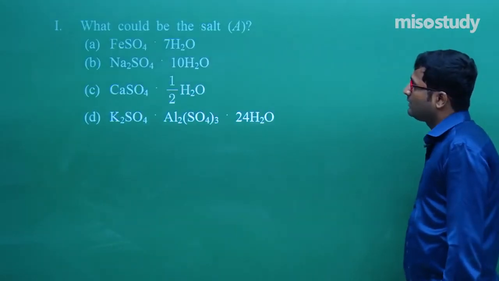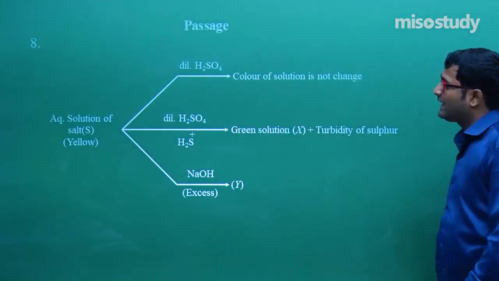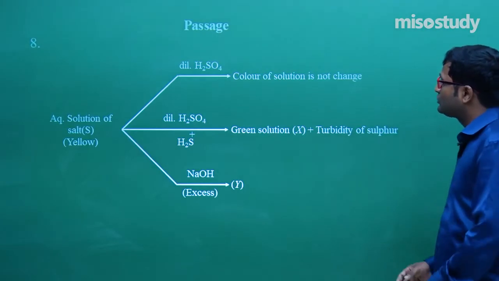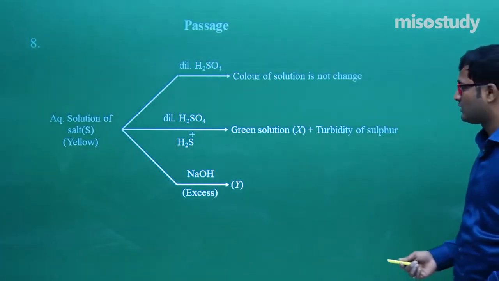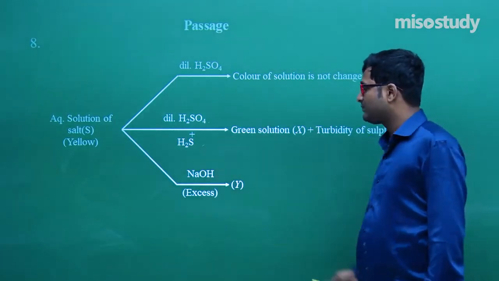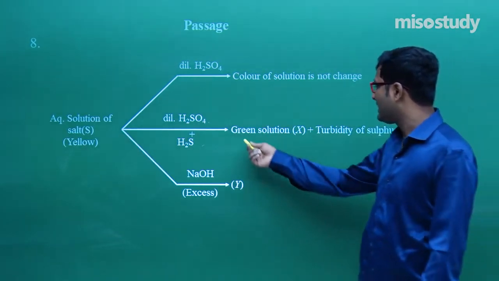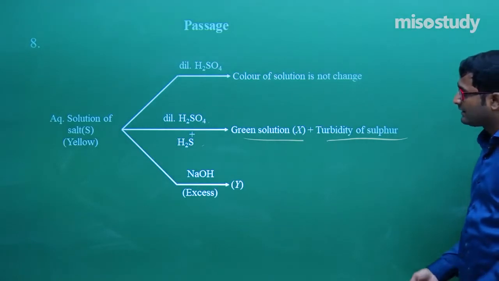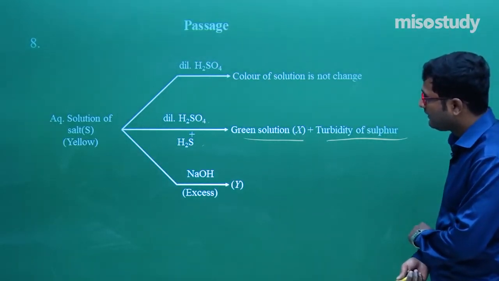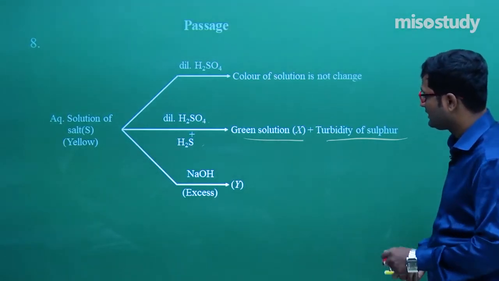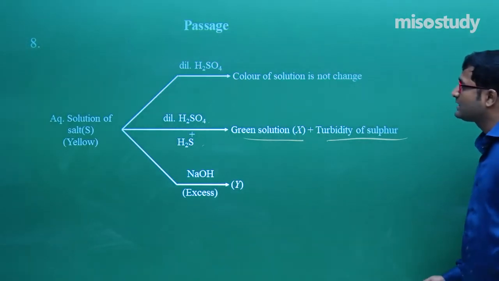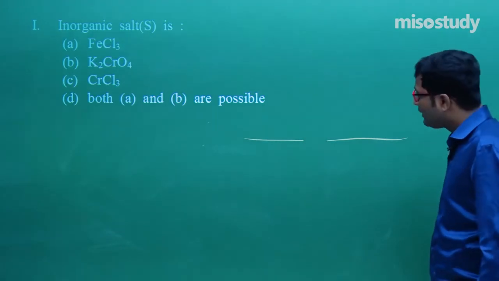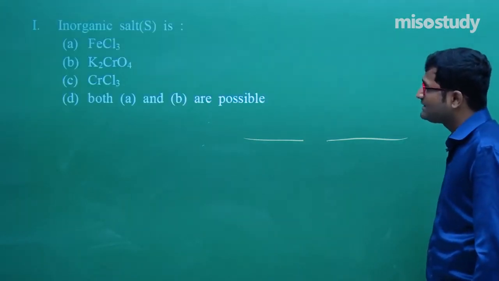Now question number 8. Look at the aqueous solution of salt. With dilute H2SO4, the color of the solution does not change. With treatment with H2S in presence of dilute H2SO4, it forms a green solution plus turbidity of sulfur. Clear? And with NaOH, it gives Y. Now tell me what is the option here? The inorganic salt is FeCl3.